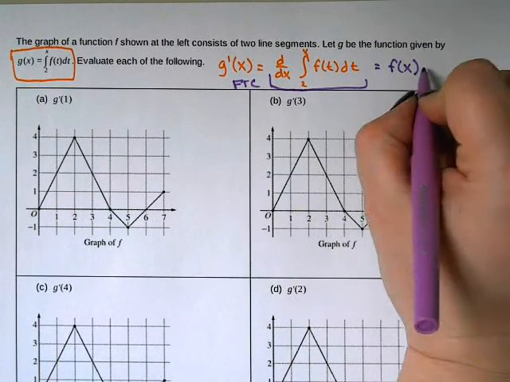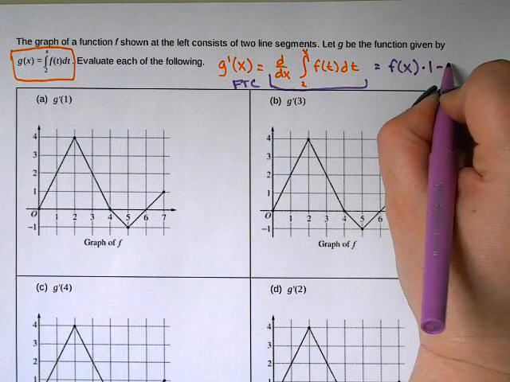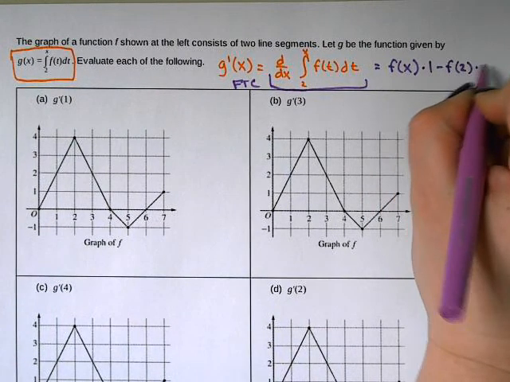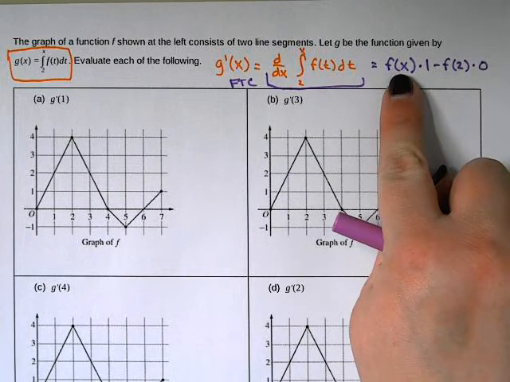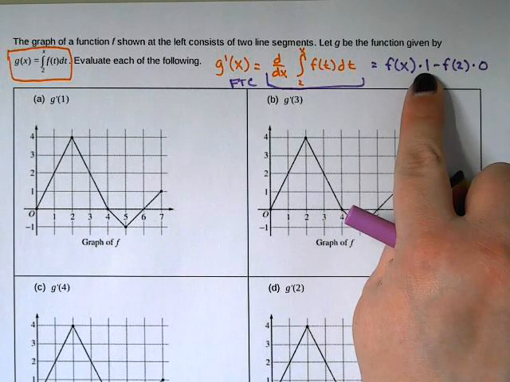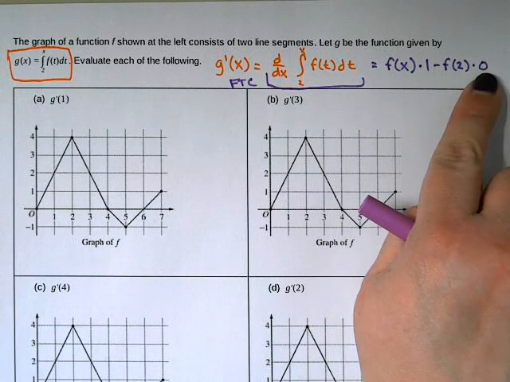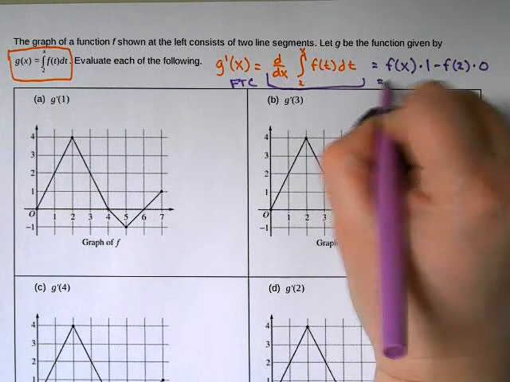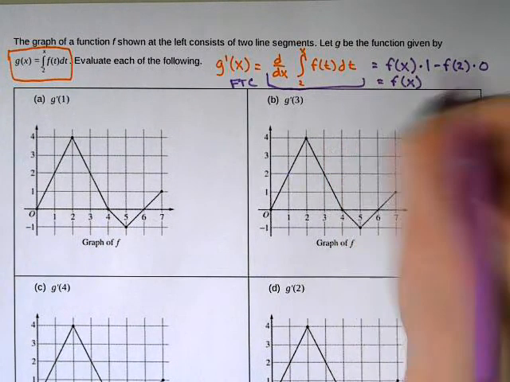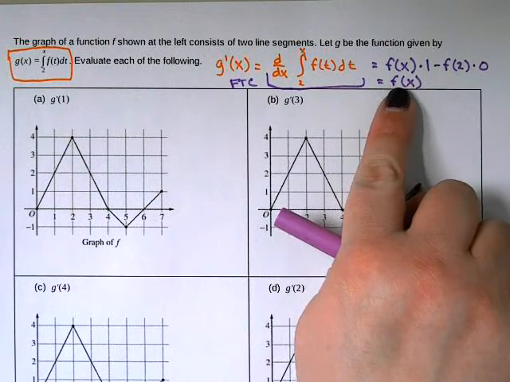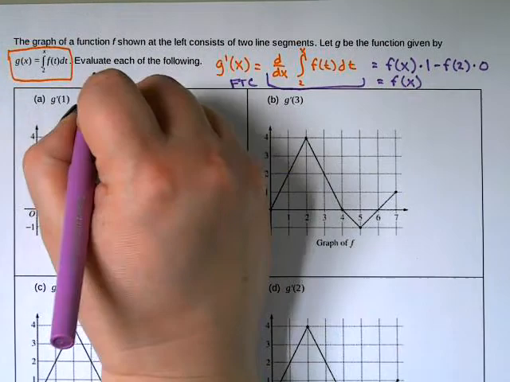So I can actually show that part to you guys if you want, just to clarify. So this is upper bound, lower bound, derivative of the upper bound, derivative of the lower bound, which means we end up just getting that g prime of x is equal to f of x, and that's going to be really important.